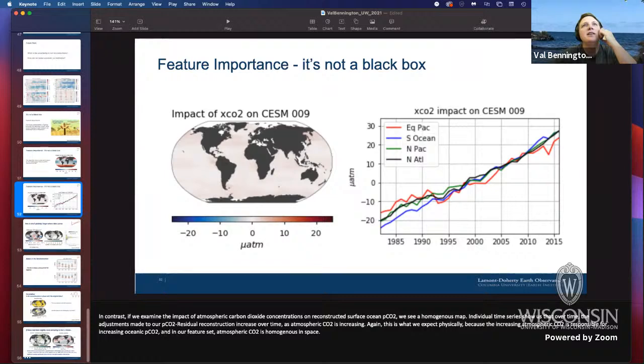Instead, any additional data we have outside this database, we use it to say, how well did the model do? There's not that much of it. There's some at Bermuda, at BATS, at Hawaii, and a few more with ocean coverage from GLODAP, which has higher uncertainty. But I think that would be an interesting approach that I haven't tried yet.